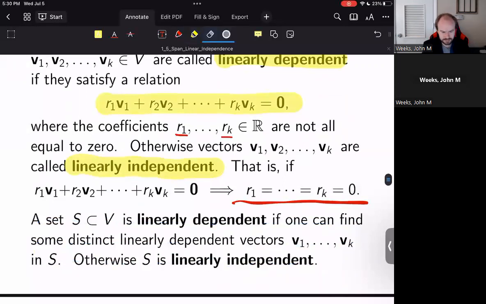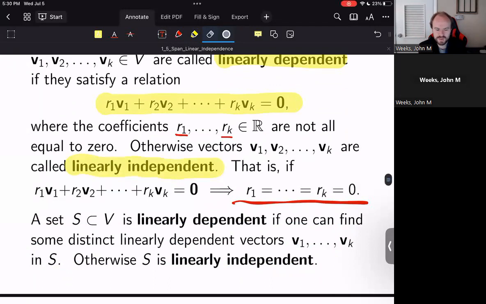So we say that a set is linearly dependent if you can find linearly dependent vectors inside of it. Otherwise, you have a linearly independent set.